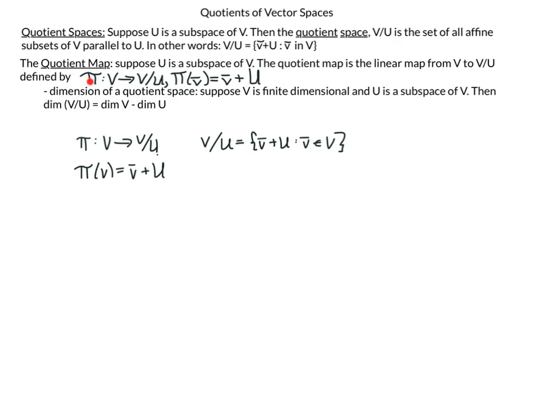Our quotient map pi goes from V to the quotient space V over U, which is simply pi takes a vector V and maps it to V plus U.